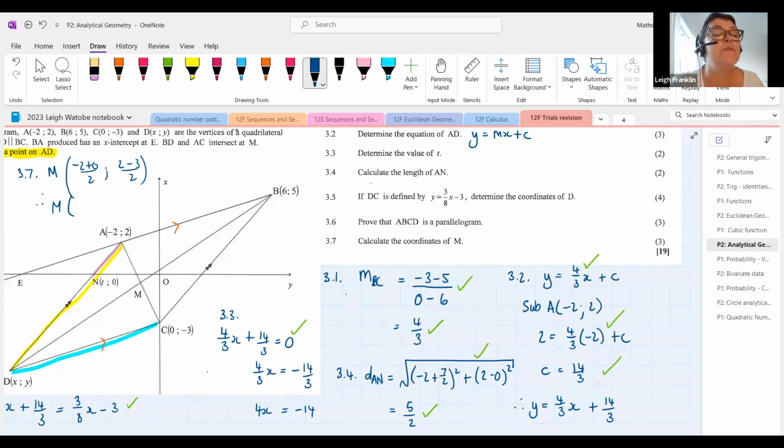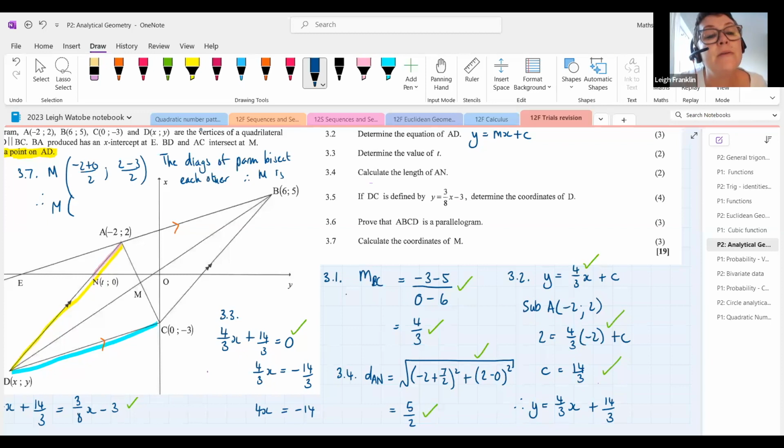One thing I think I should have done, sorry, before I got started, I should have put in here: the diagonals of a parallelogram bisect each other.